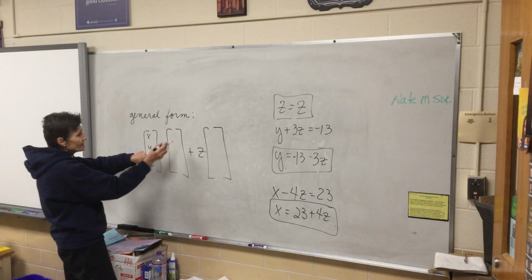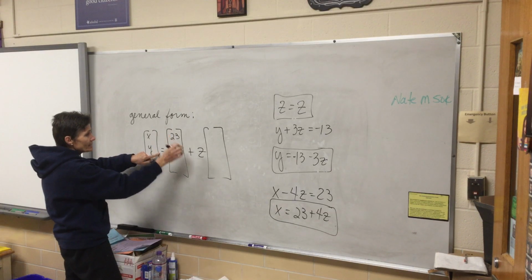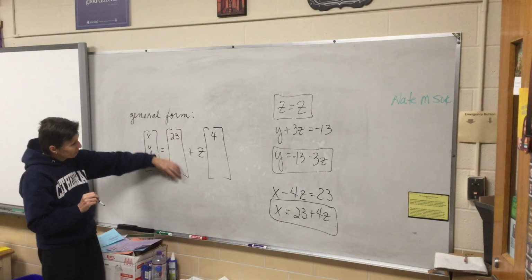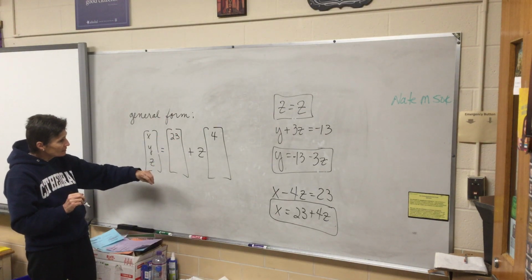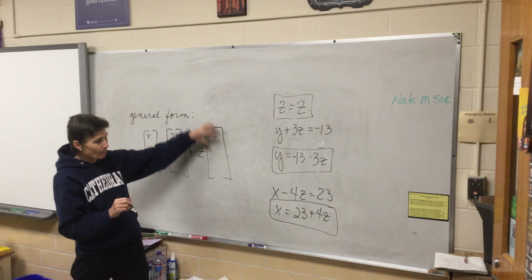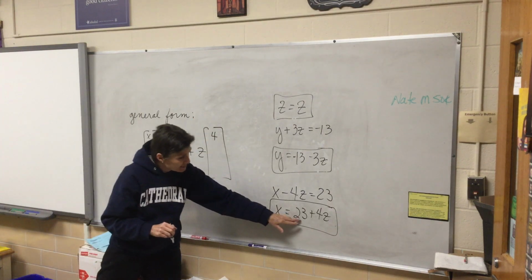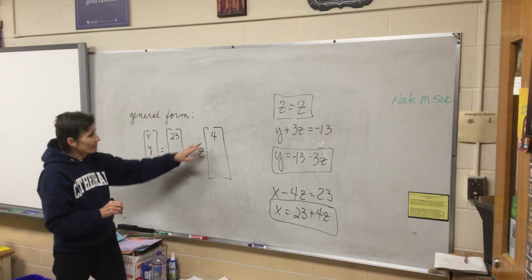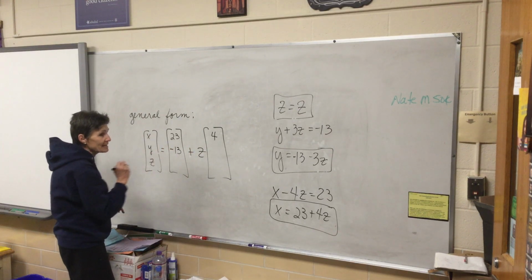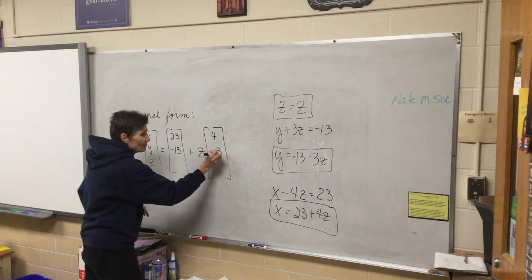So x is 23 plus 4 z's. So there's just a plain number column for my x, y's, and z's, and then there is a z component. So for x, it's 23 and 4.